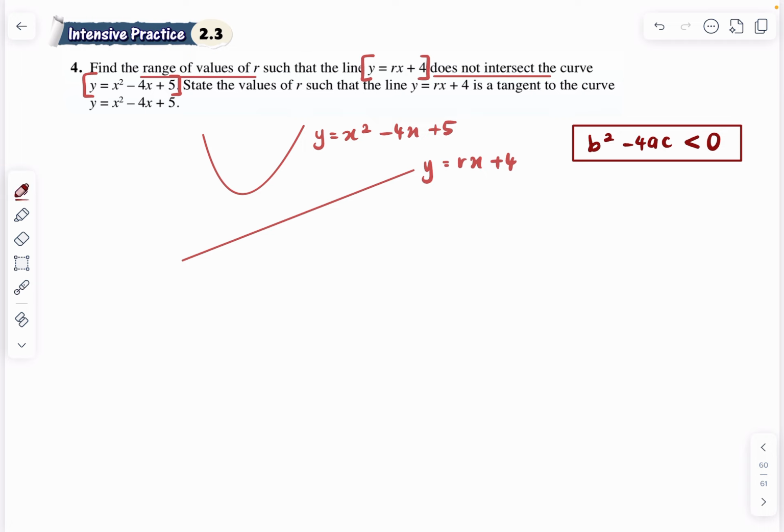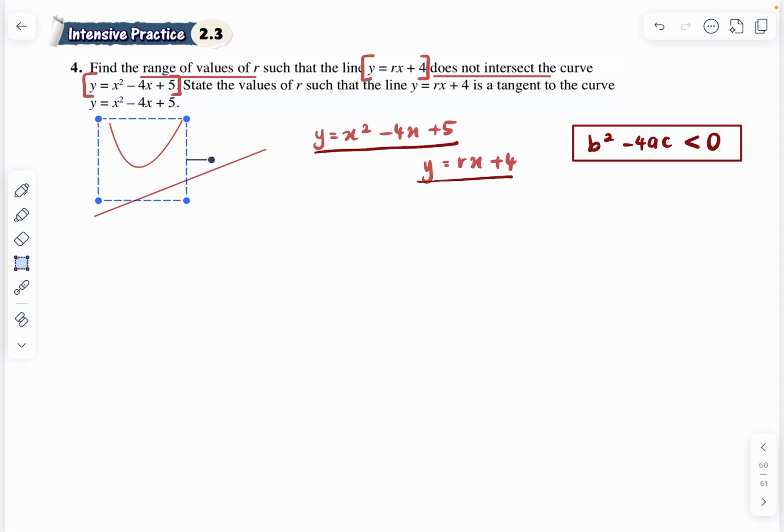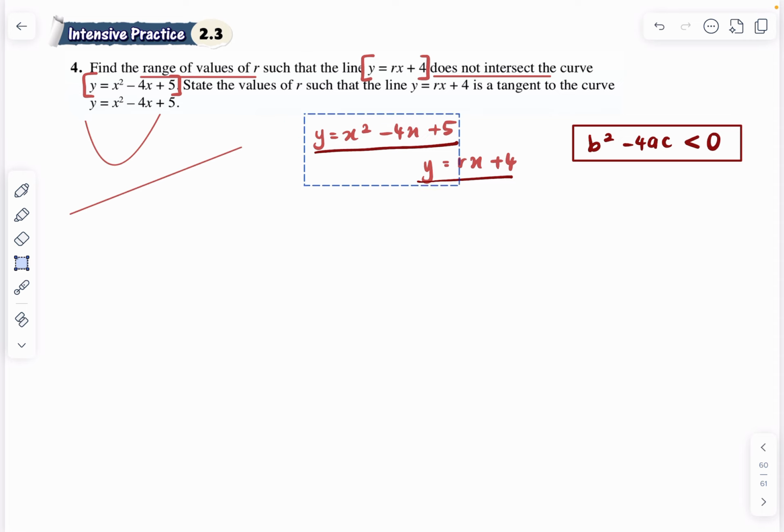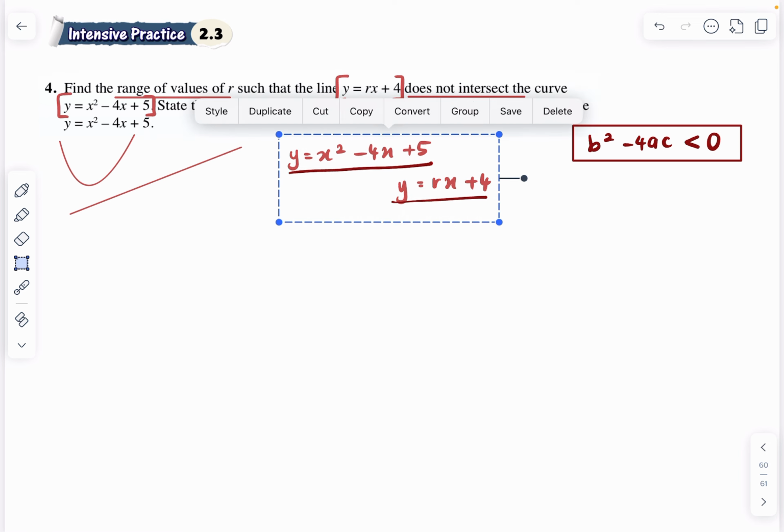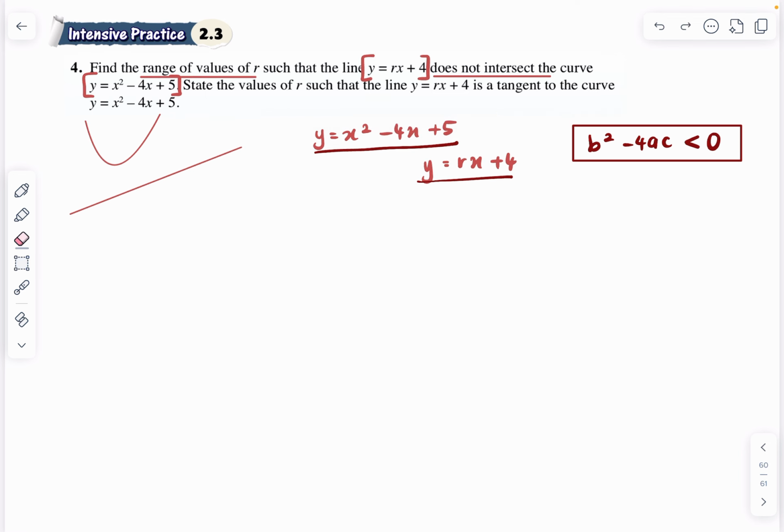The first step is we need to combine both the equations. Right. I'm going to minimize these two shapes, put it here. So these equations we need to combine. Okay, let's see.